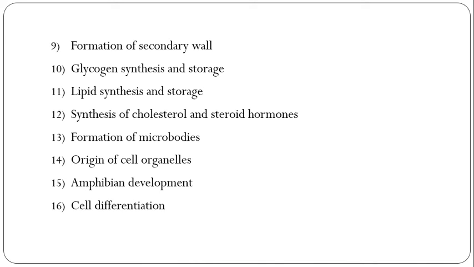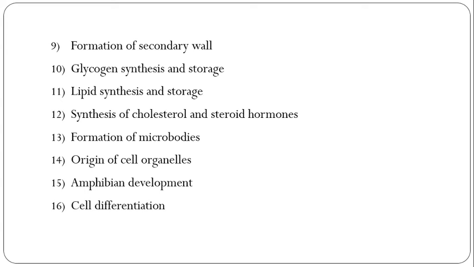And then for steroid hormones, in the testes, ovaries, and adrenal cortex, the smooth ER has a role in the synthesis of steroid hormones. Well developed smooth ER has been demonstrated in the interstitial cells of the testes of opossums and guinea pigs.